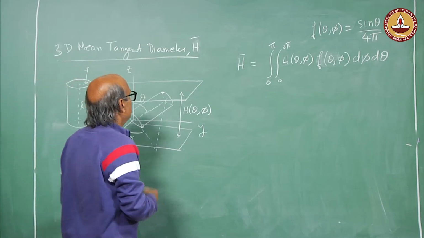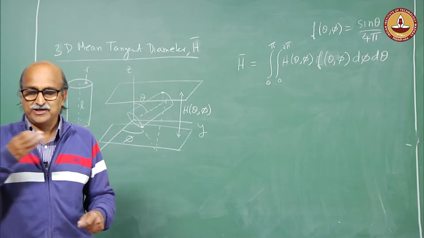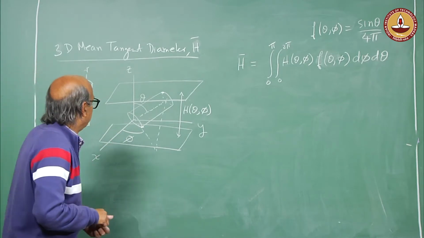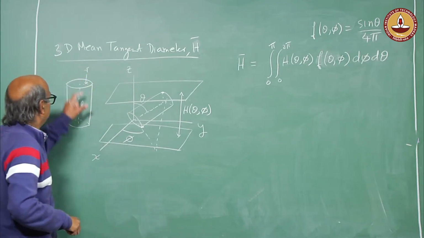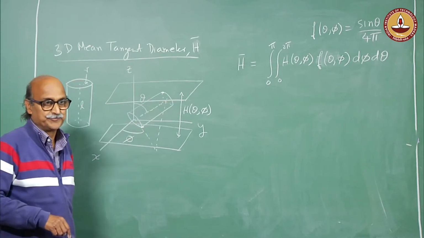So, again I will have to figure out what is h theta phi in terms of the radius of the cylinder, the length, and theta and phi.